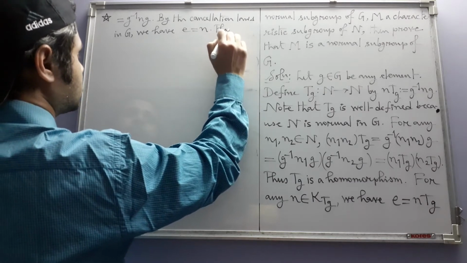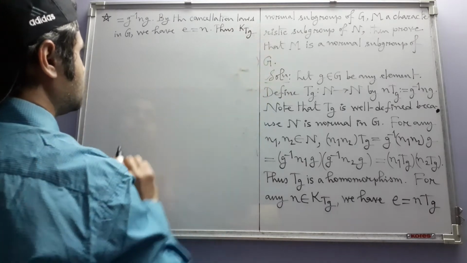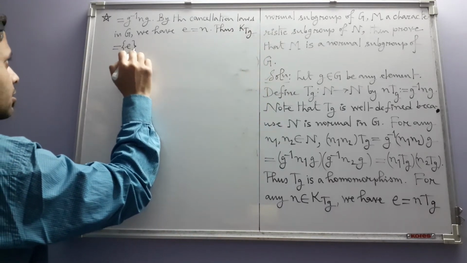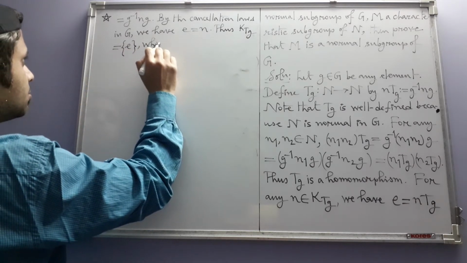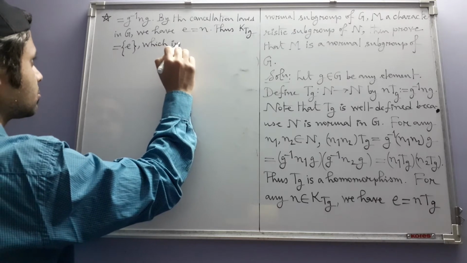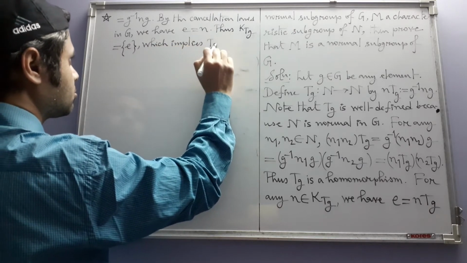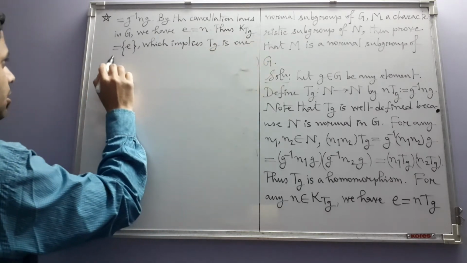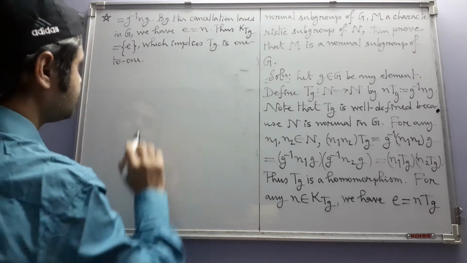Thus, the kernel of Tg consists of only the identity element, which implies Tg is one-to-one. Tg is injective.